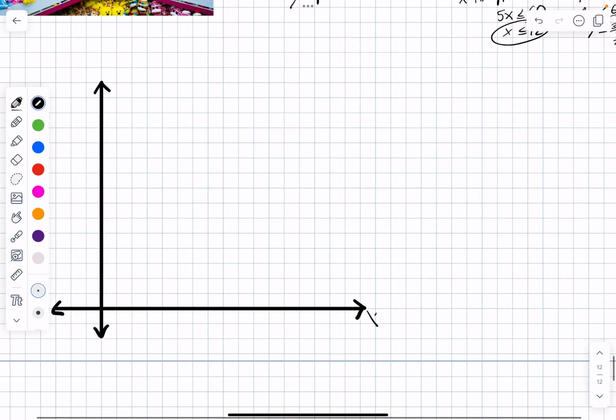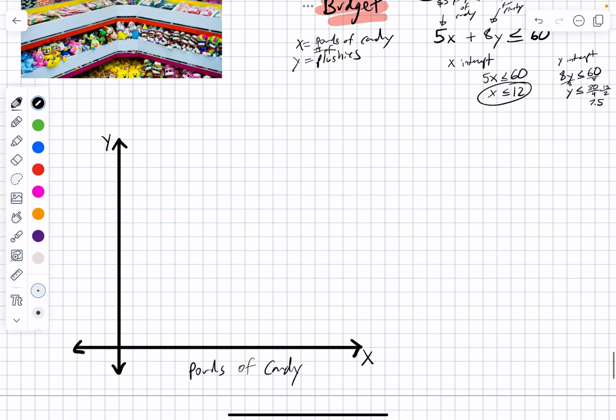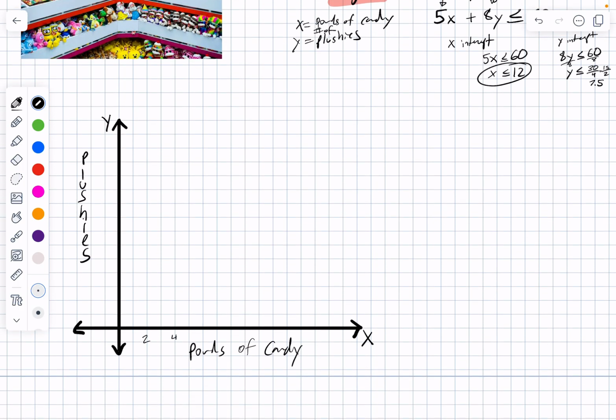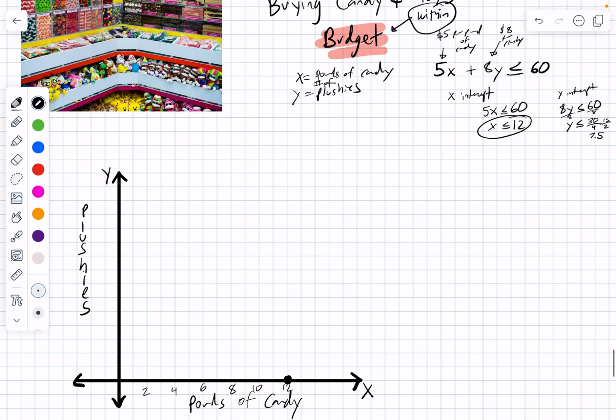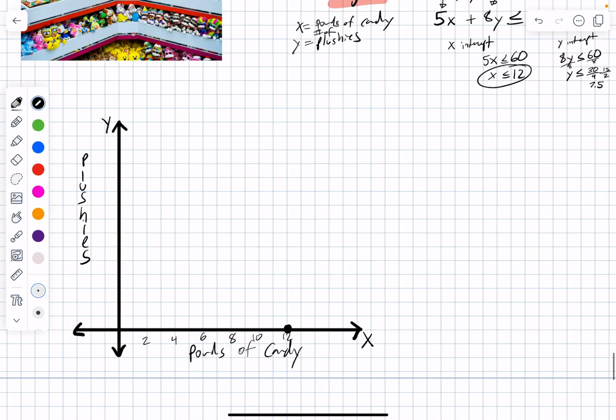Okay, so X is our pounds of candy. Y is our plushies. I don't like writing vertically, but I'm running out of time. I've got a meeting soon. I know my X is going to be 12, so let's go 2, 4, 6, 8, 10, 12. You could buy 12 pounds of candy, which you probably shouldn't. And our y-intercept is 7.5. So let's go 2, 4, 6, 8, 10.